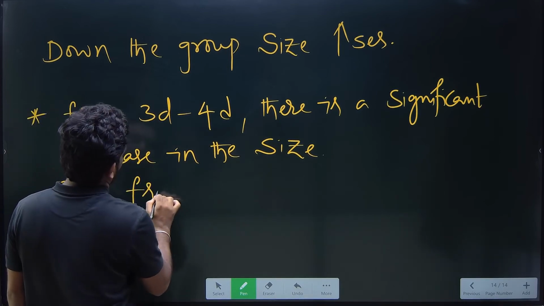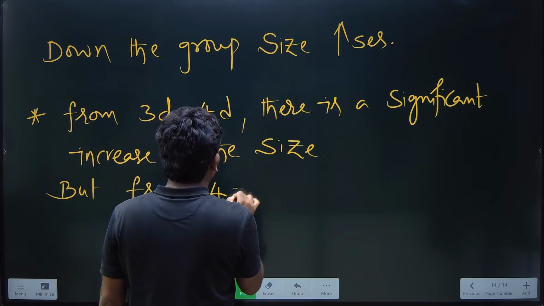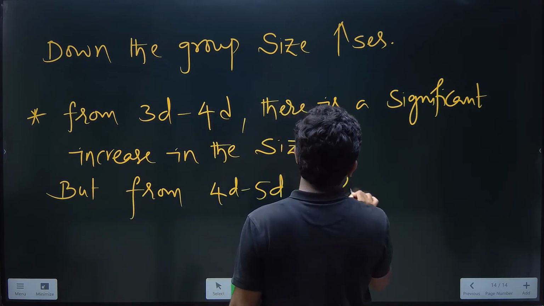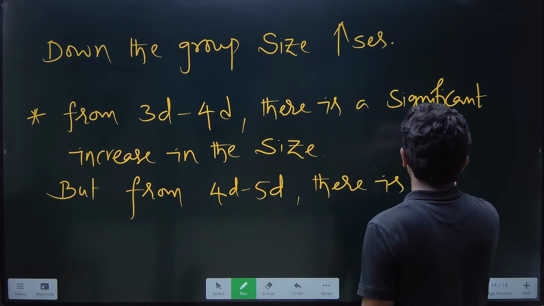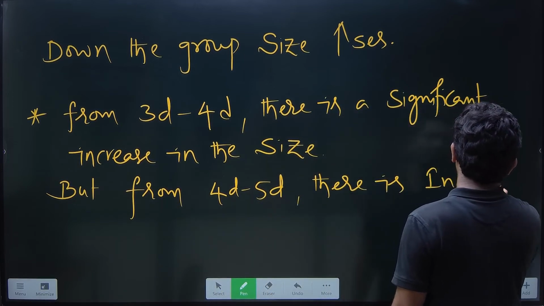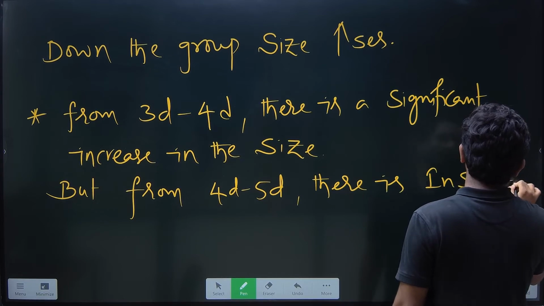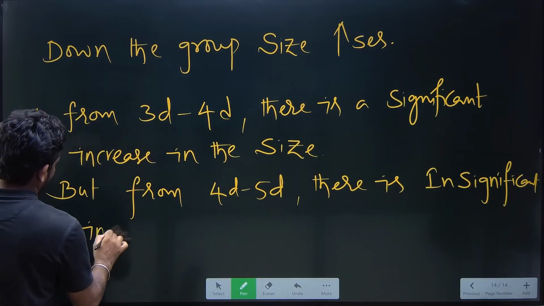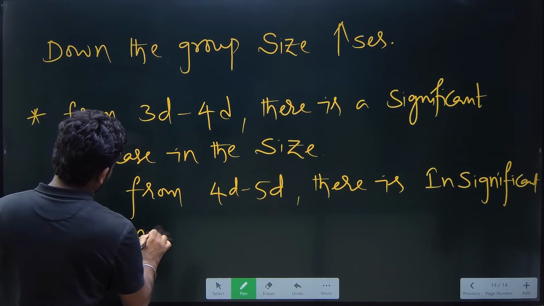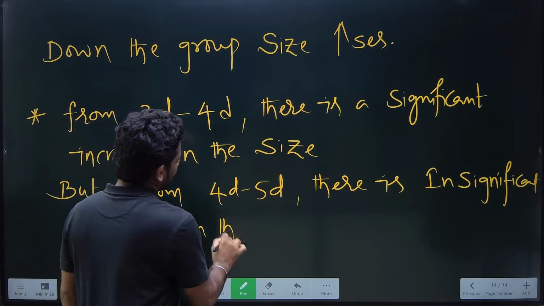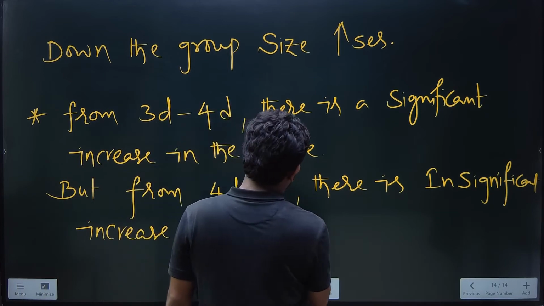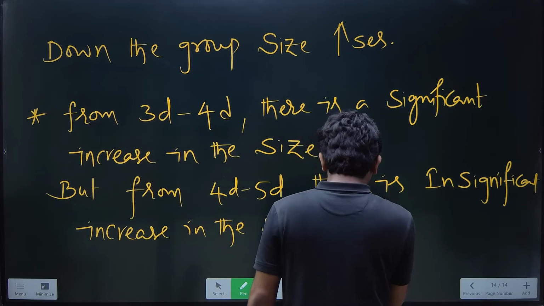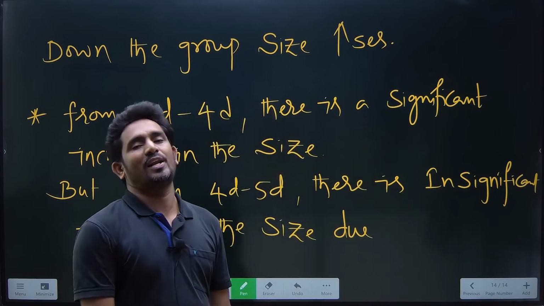from 4d to 5d there is an insignificant increase in the size, insignificant increase in the size due to poor shielding of electrons.